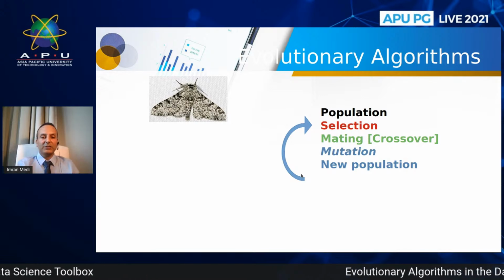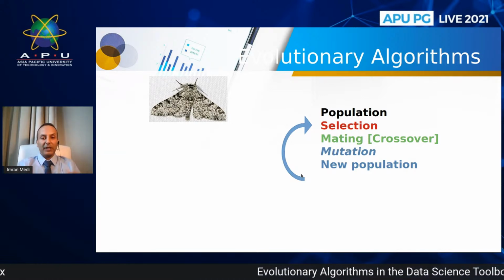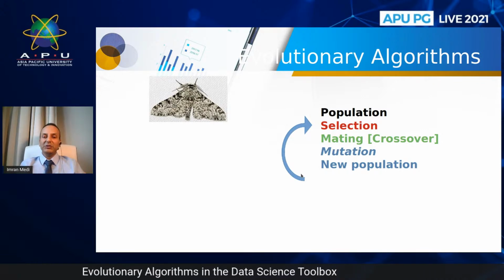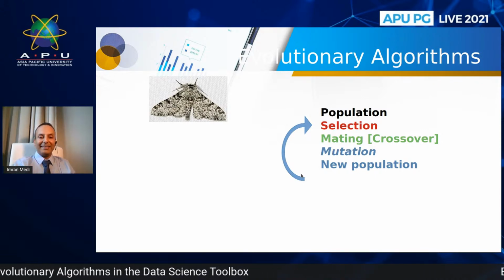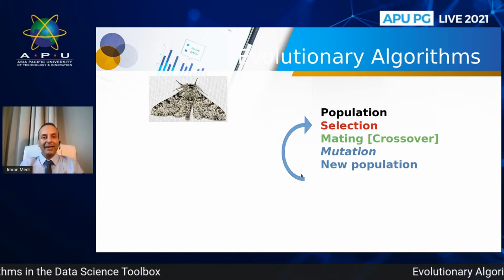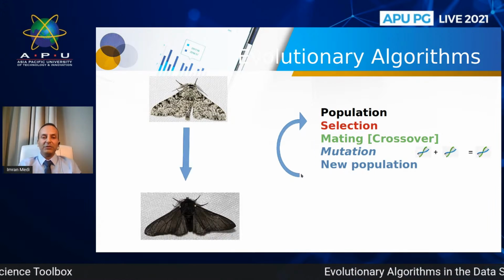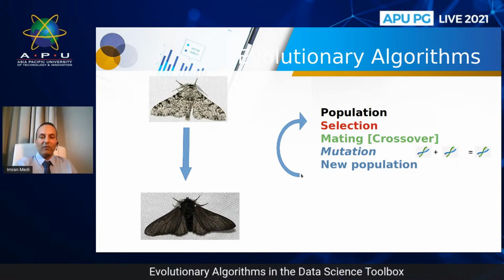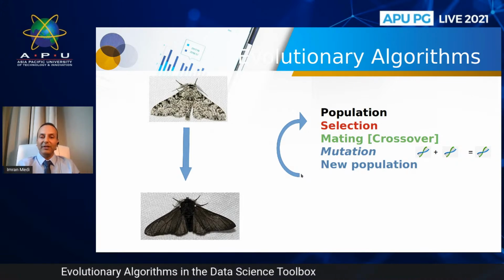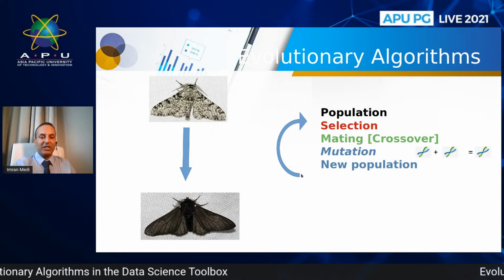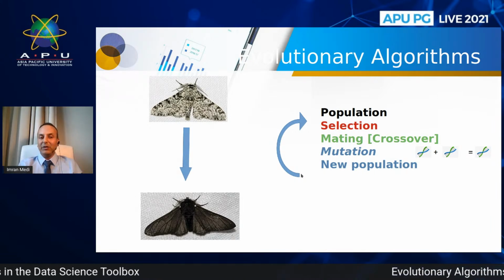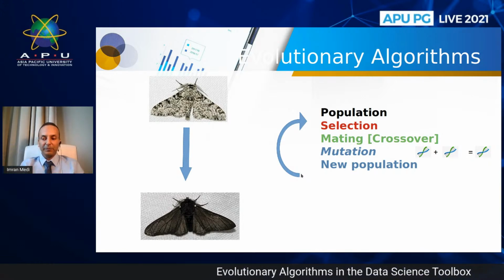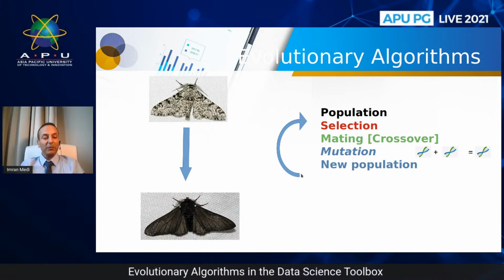Okay, so through this process of pairing up parents, this mating process, which we refer to as crossover, with the potential introduction of mutation, and then the creation of a new generation, and this process repeating, the moths gradually started to change color. Okay, so this process of natural selection, of adaptation, in which the genetic material of these individuals was getting crossed over or mixed up, resulted in this process of change to these particular moths.